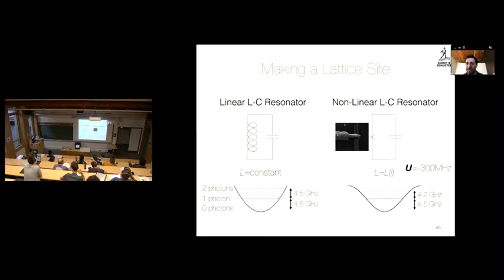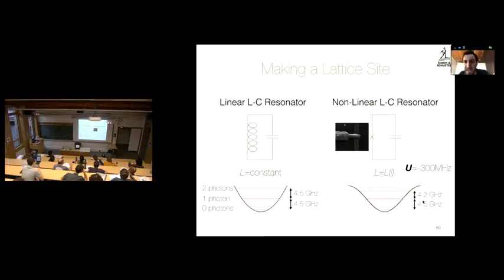If you think of this as a site in your lattice, putting two particles in costs 300 megahertz less than twice putting one particle in. So we have a 300 megahertz attractive interaction between our photons.